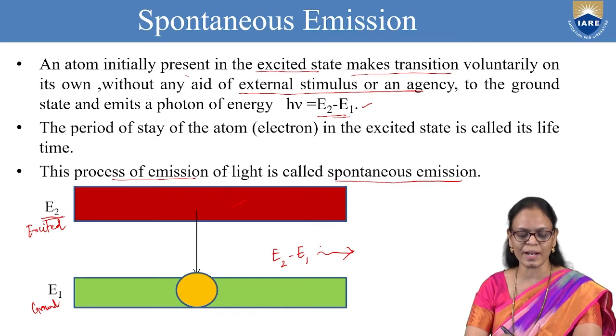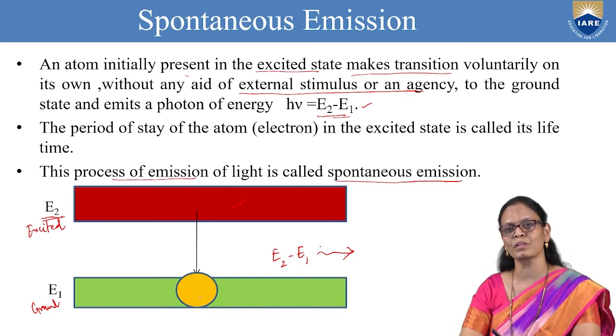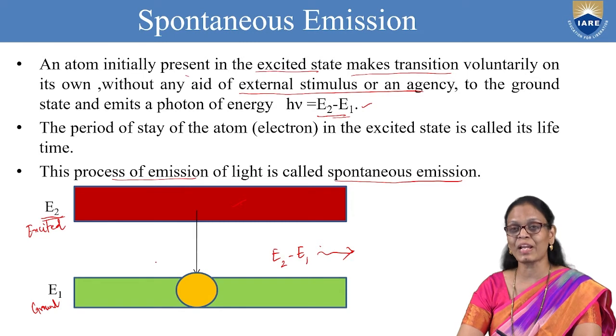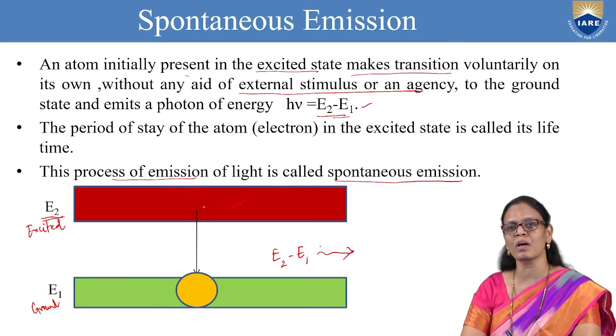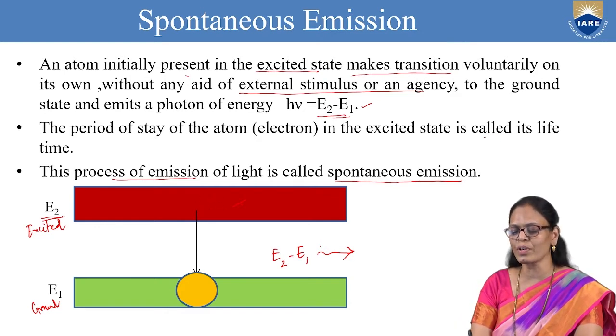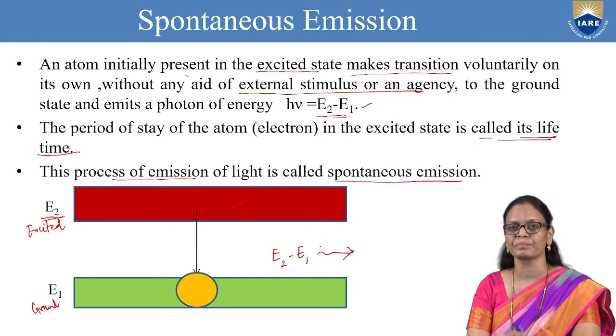We need to understand why this atom comes to the ground state. When we excited it to the excited state, this atom cannot stay in the excited state for a longer time. It can stay only for a time which we call the lifetime. The period for which the atom can stay in the excited state is the lifetime.